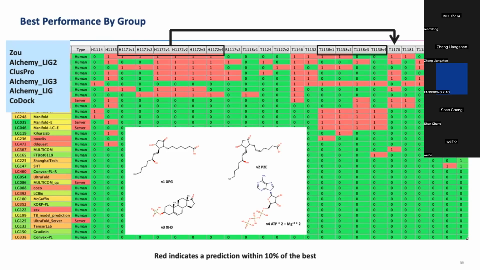So all 3 of the ligands, the 2 prostaglandins and the steroid, bind in the same site. There's really not a lot of difference in protein structure between those. And then the ATPs bind in a separate site. Perhaps not surprisingly, predictions for the ATPs were much better than predictions for the organics.